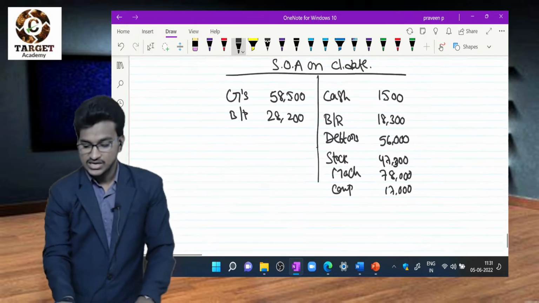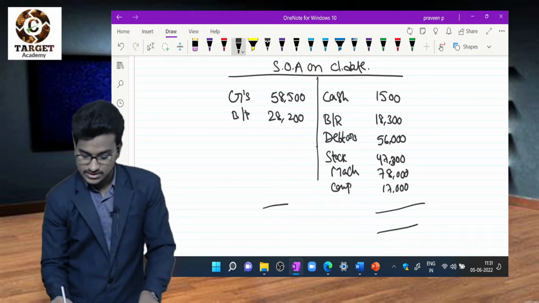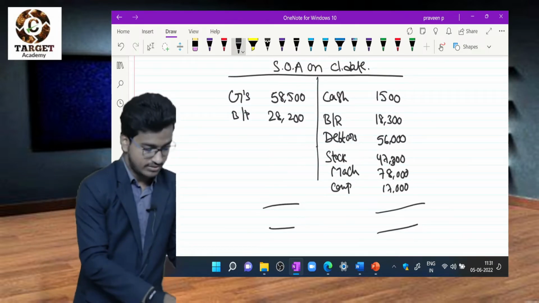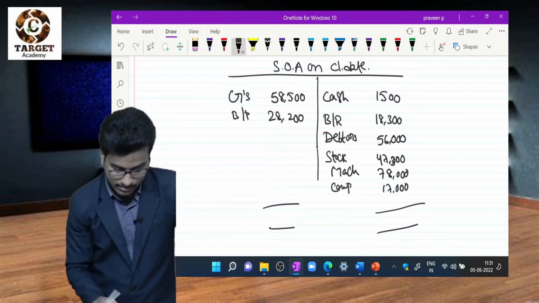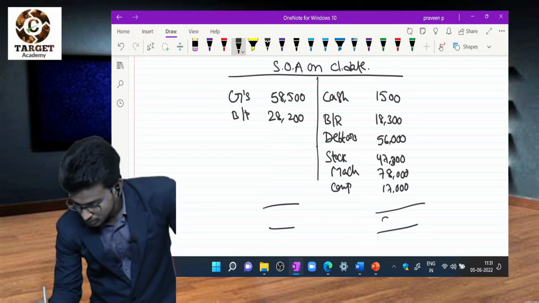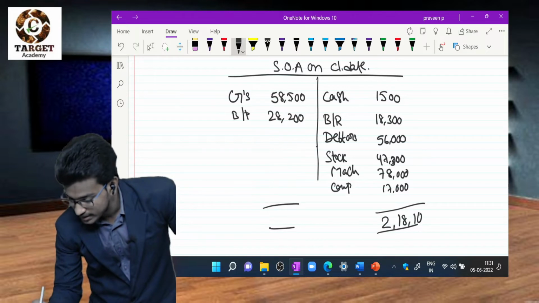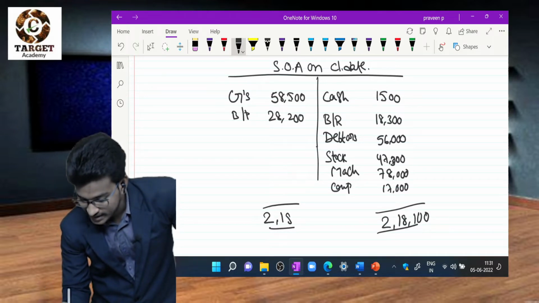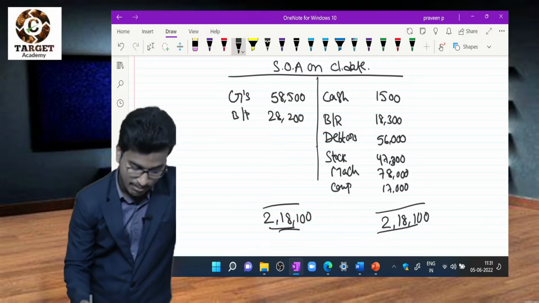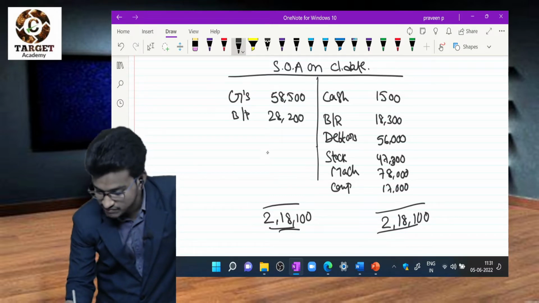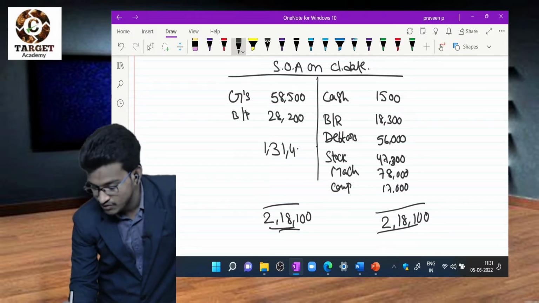Now close the statement of affairs. Tell me the balancing figure. What is the total? 2,18,100. The balancing figure will be the capital. How much is the balancing figure? 131,400 is the balancing figure.